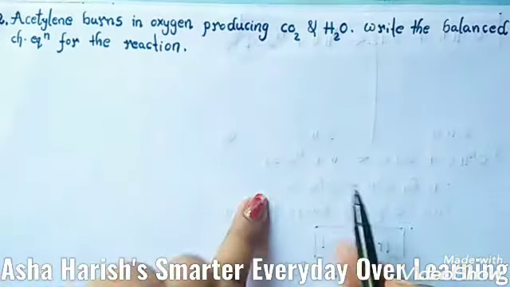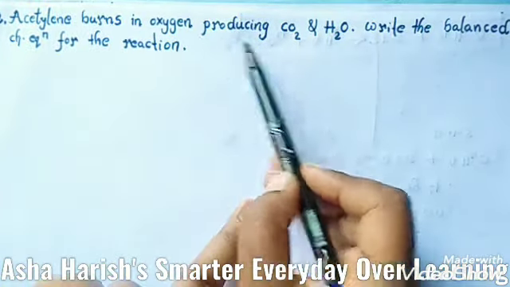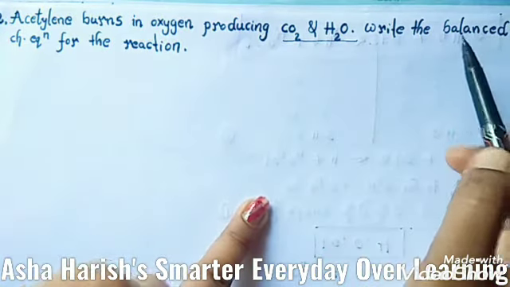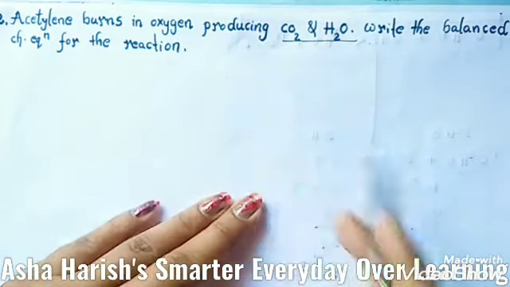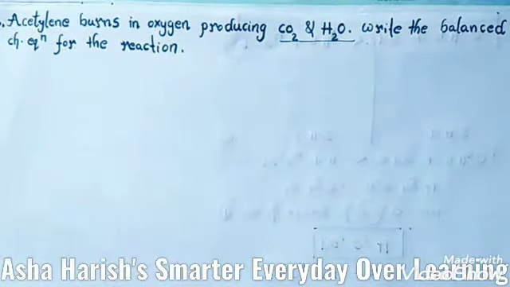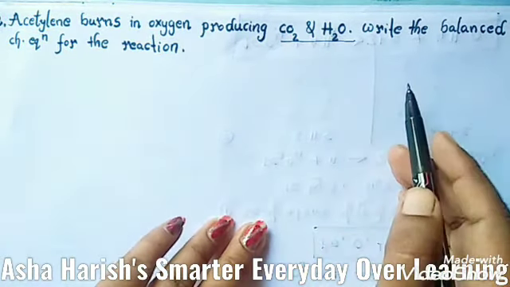In the second example, acetylene burns in oxygen producing CO2, carbon dioxide, and H2O. Write the balanced chemical equation for this reaction. Okay, now acetylene burns, that means it is a combustion reaction. Let's write the chemical equation for this.